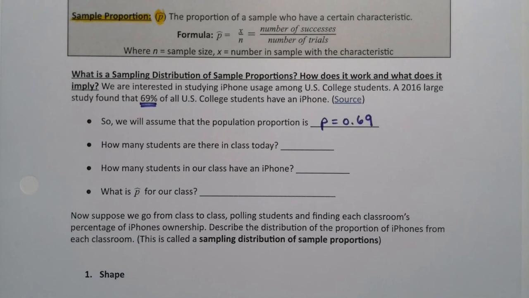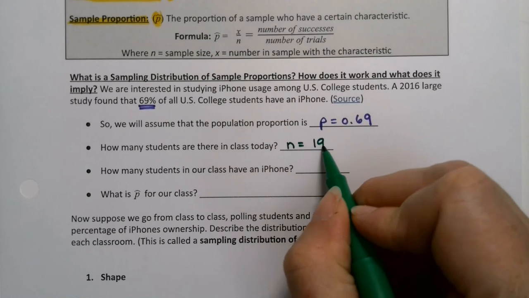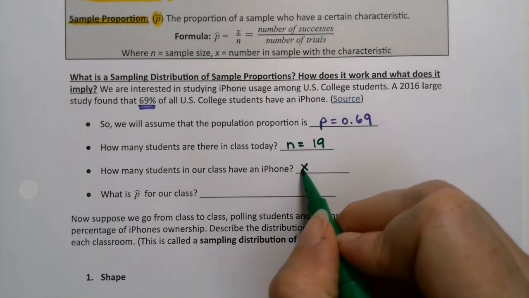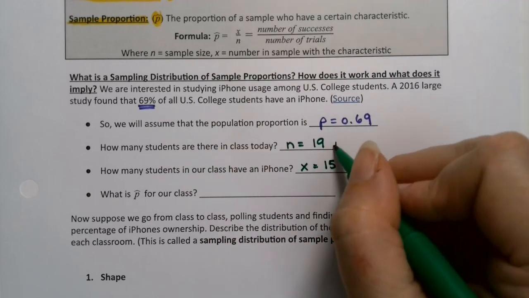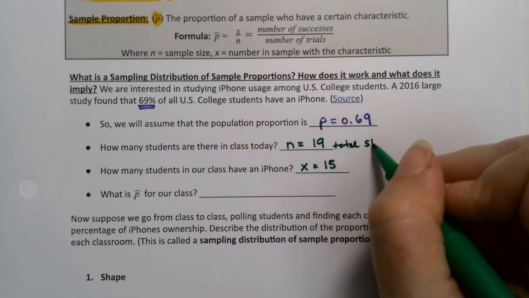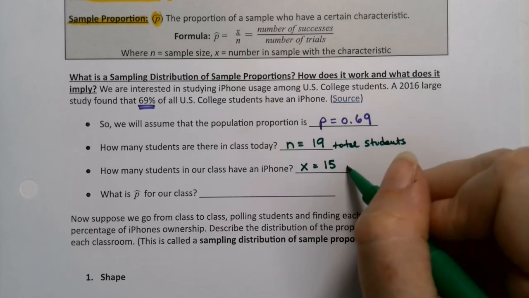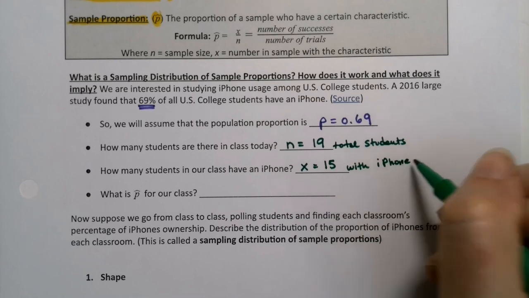Now, I actually did this in a face-to-face class, so bear with me. We had 19 students there that day, and of those 19 students, 15 of them had an iPhone. So this is the total number of students in the room, and this was with an iPhone. That was success. Remember, success and failure are not good or bad things.